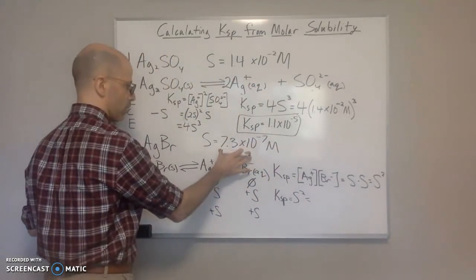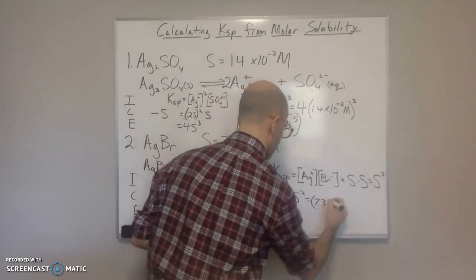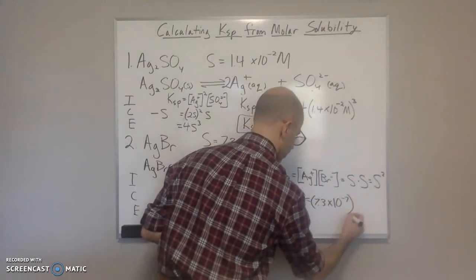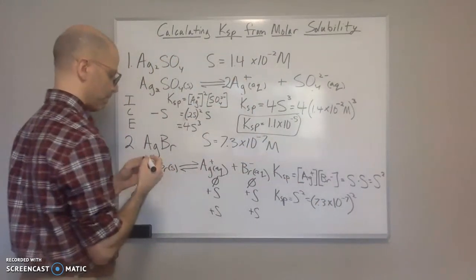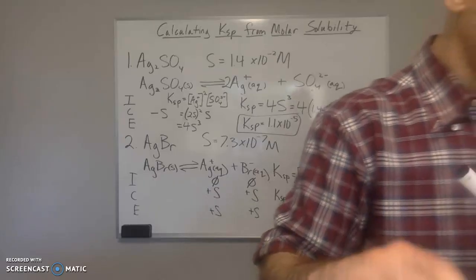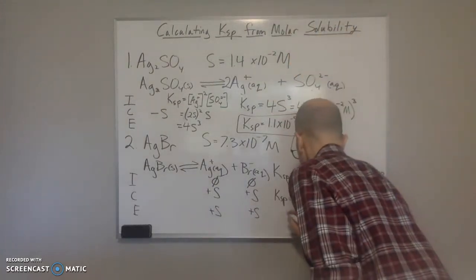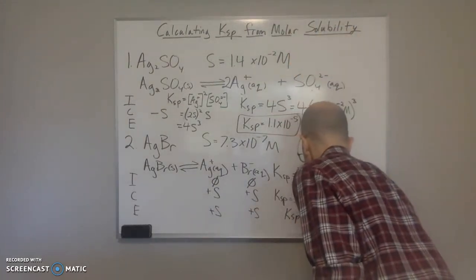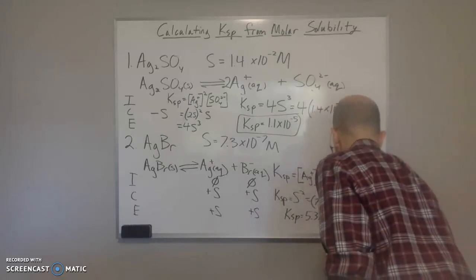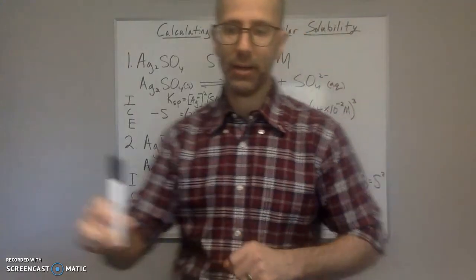Here's our molar solubility, so we plug that in: 7.3 times 10 to the negative 7, squared. That becomes 5.3 times 10 to the negative 13. So Ksp is equal to 5.3 times 10 to the negative 13 for silver bromide.